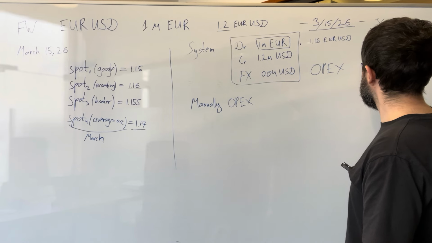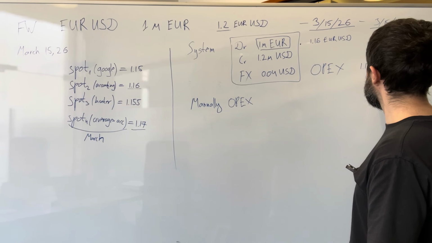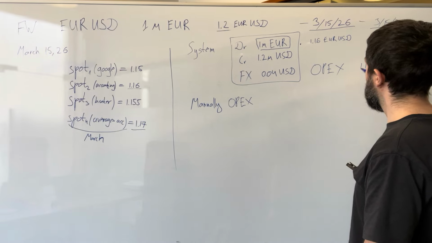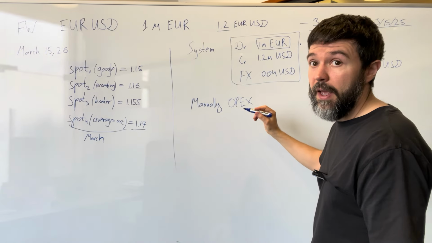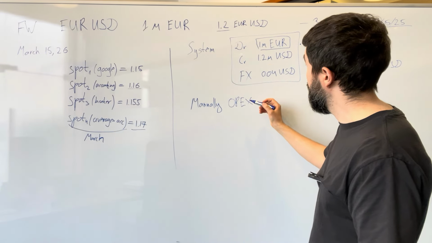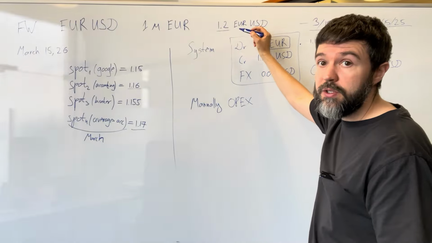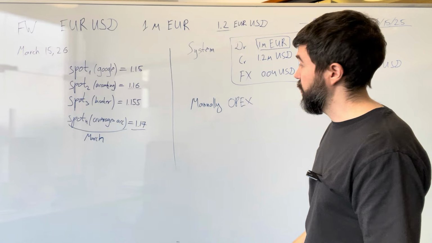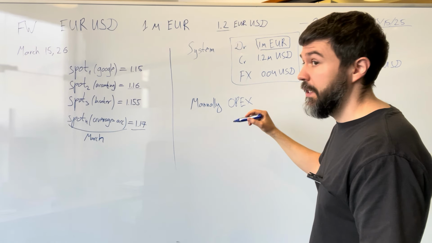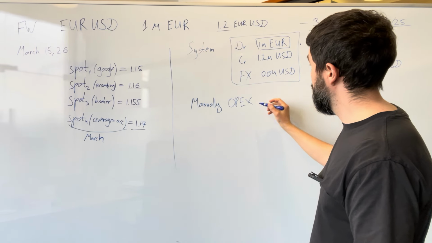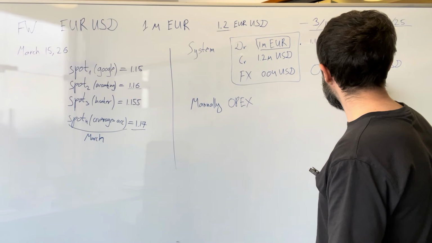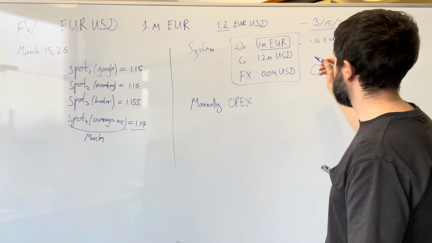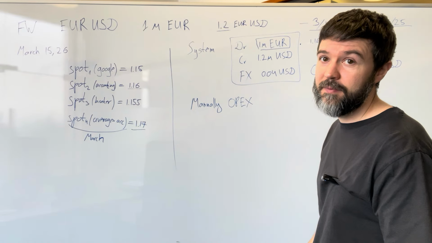Your current OPEX is 1.17 million USD. But the exercise of hedging is to make it equal to what it was initially planned, and it was planned to be $1.2 million. So you manually adjust OPEX. You make OPEX more expensive because that's what you planned.